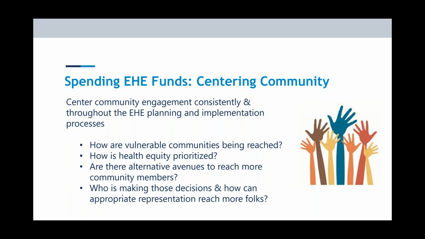Below are some questions that you can always consider at every stage of the EHE planning, implementation, and evaluation process. How are vulnerable communities being reached? What are you doing to make sure that they're part of your plan and part of your outreach? How is health equity being prioritized? How are we making sure that those who can be met in a just way are being met appropriately each time through the process?